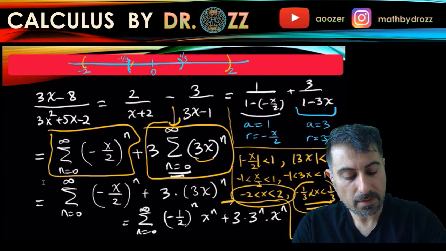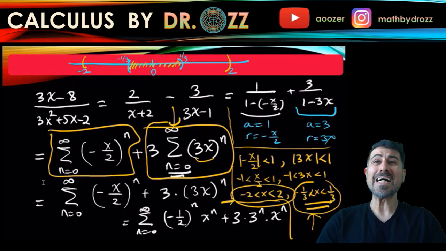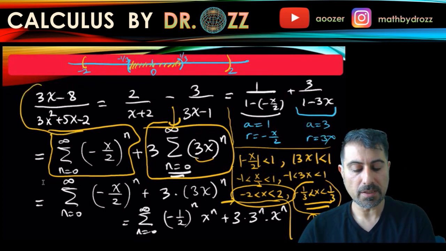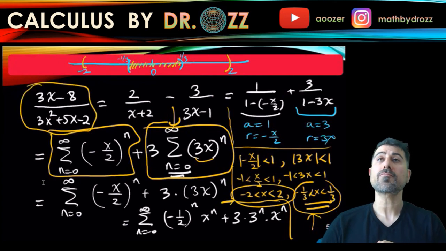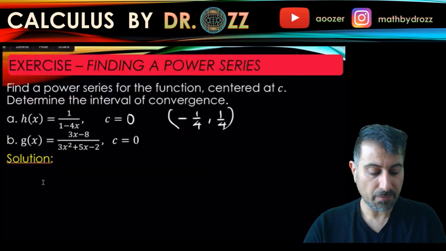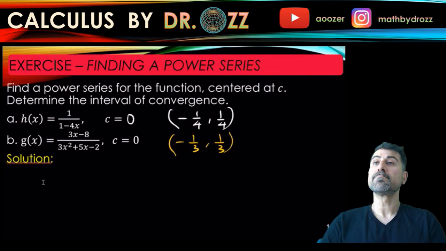So I'll take this to be the interval of convergence for the combined geometric series, the one corresponding to this fraction. So the answer for that question, to sum up, is negative 1/3 to 1/3, open interval.